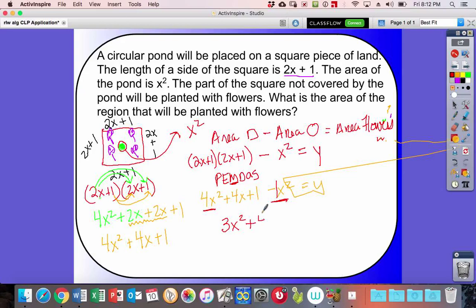Nope. 4x plus 1 equals y. And what's y? Area of the flowers. So my actual answer is that right there. The area with the flowers is 3x squared plus 4x plus 1. And that's your final answer.